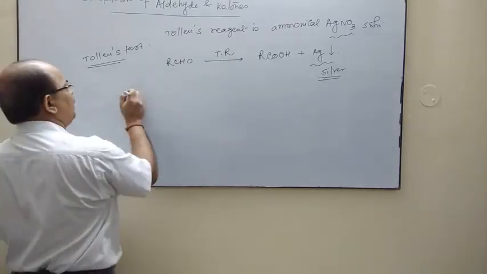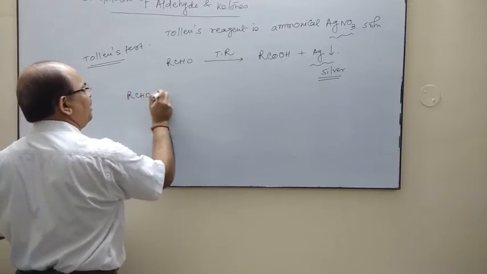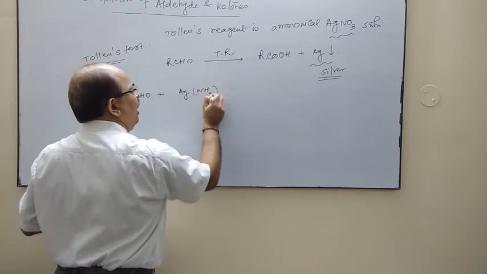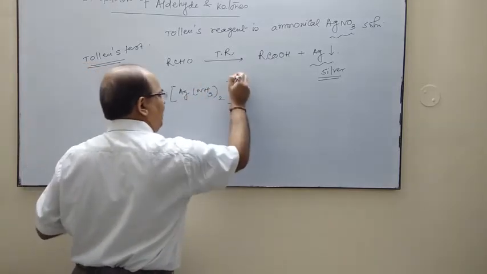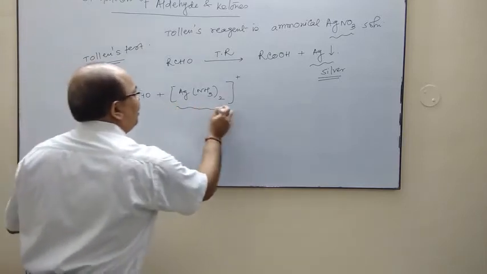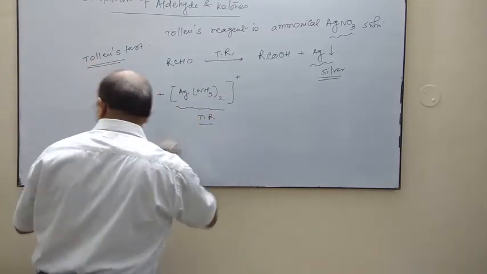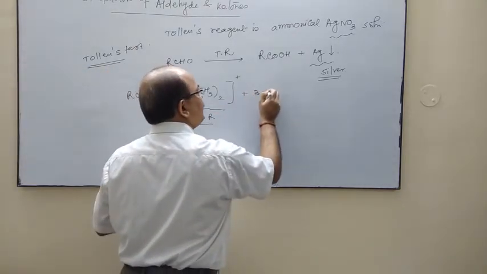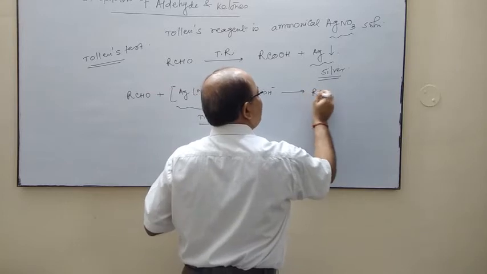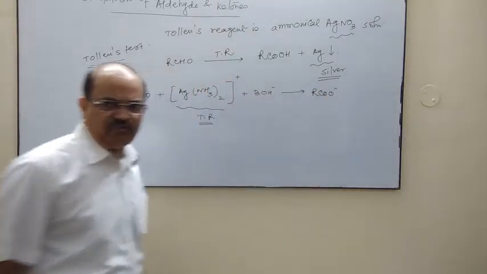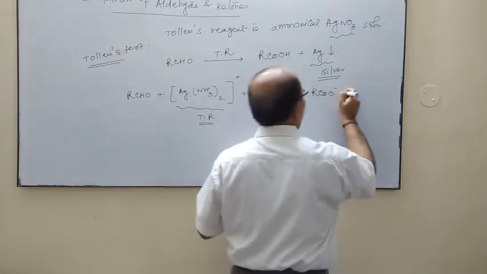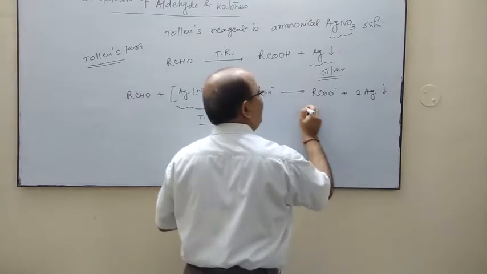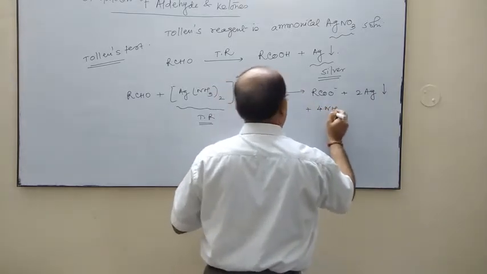Now let us suppose we have an aldehyde such as RCHO and Tollens reagent, that is ammoniacal silver nitrate. So this is your Tollens reagent, which is called ammoniacal silver nitrate. Then we get a carboxylic acid salt along with silver precipitate, and this is your NH3.